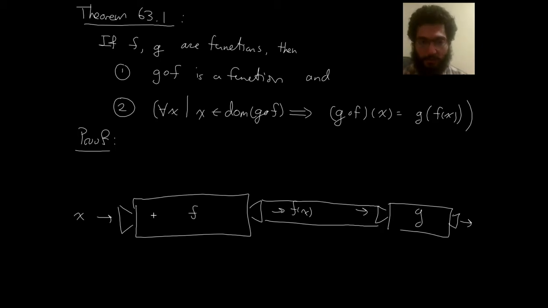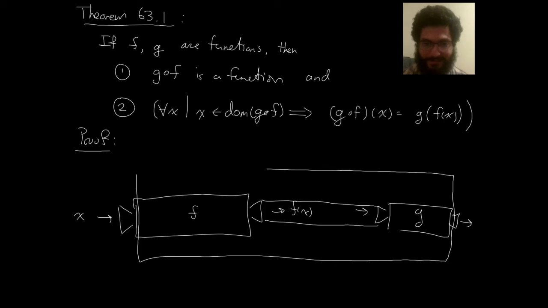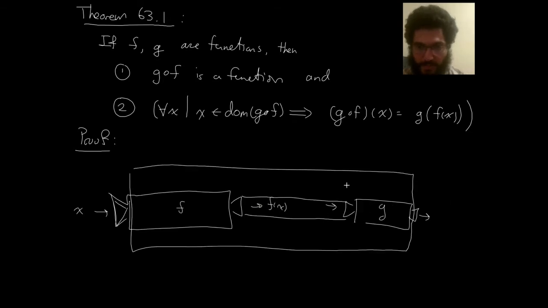Then you get an overall machine, which you can stick a box around and hide the internal mechanisms if you want to. And you have an overall machine with an input pipe here, you stick something in, and something comes out. And what comes out, according to this, will be what you could call g composed with f at x.